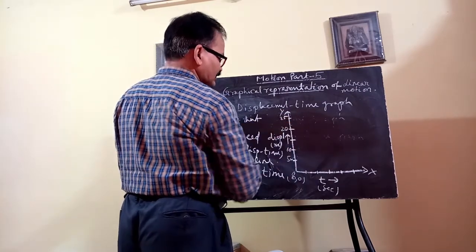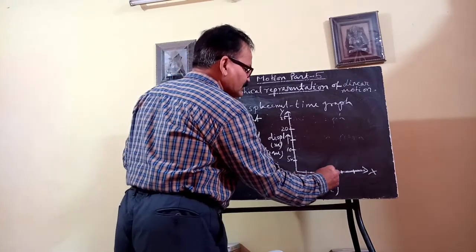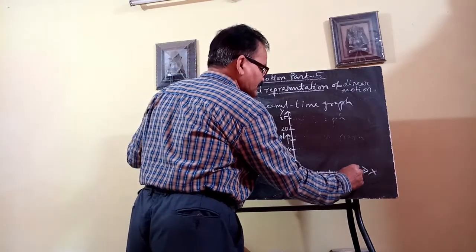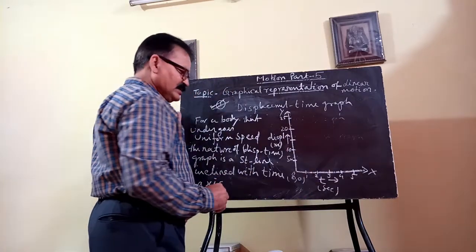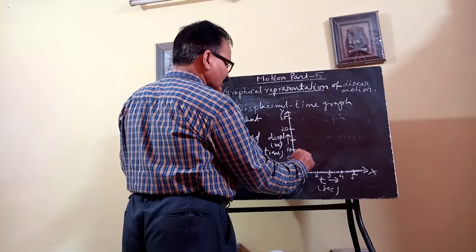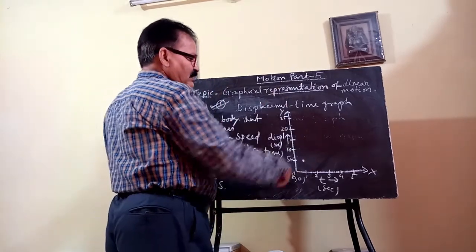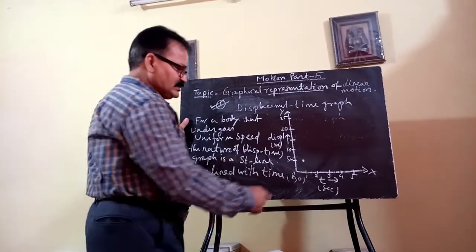If in 1 second the body covers 5 meter from origin, then this point is the point for displacement of 5 meter from origin.